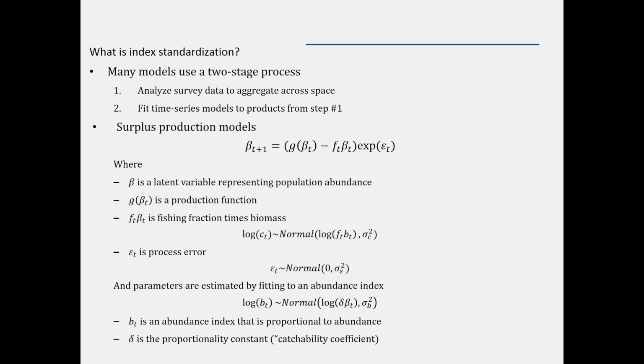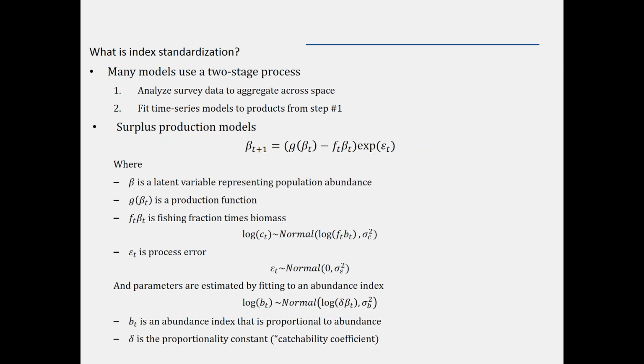The textbook example of this in fisheries is a surplus production model. We have a model where we want to fit biomass, so I'm using beta because I want to use Greek letters for all variables and Roman letters for data. We have beta in every year modeled as total biomass.